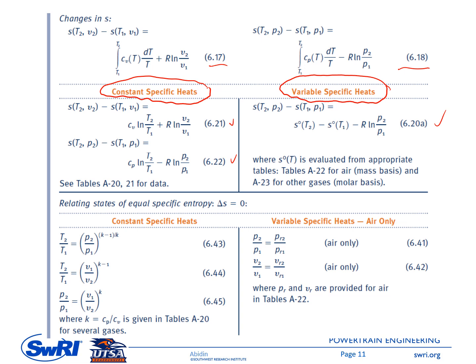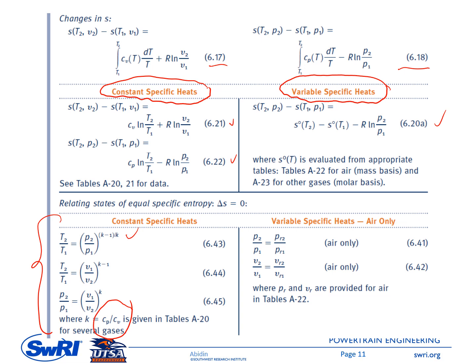And then the next one is the correlation that we will use. It also depends on the value of the specific heats. If specific heats are constant, we use this formula. For example, equation 6.43 here shows the correlation between the temperature ratio and the pressure ratio. K here is Cp over Cv, and the number is available in table A20.